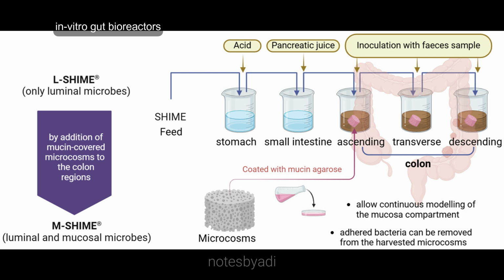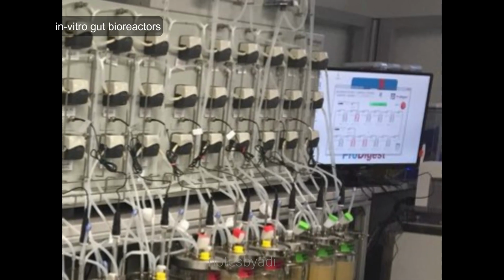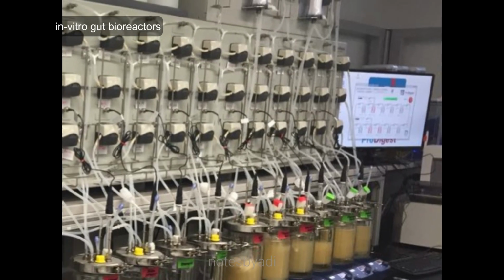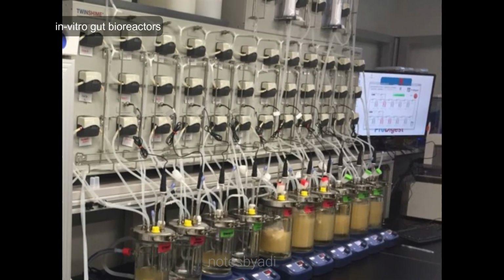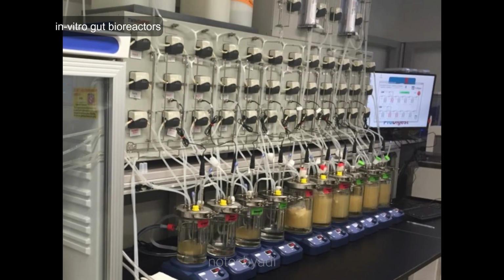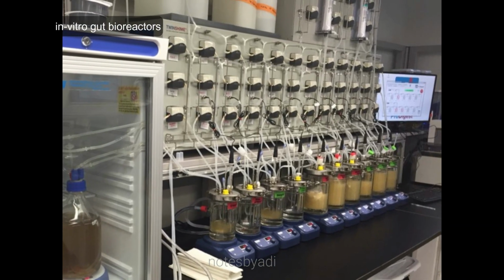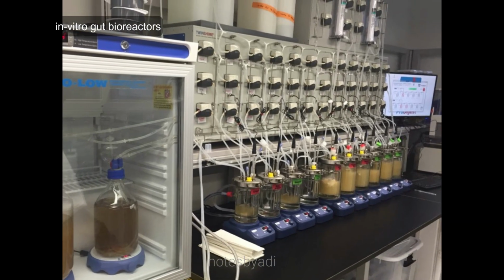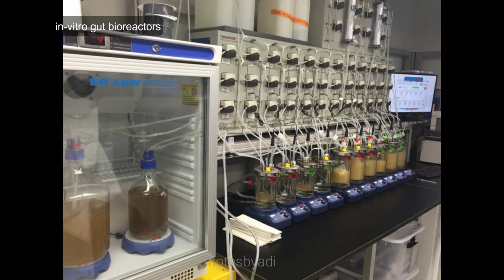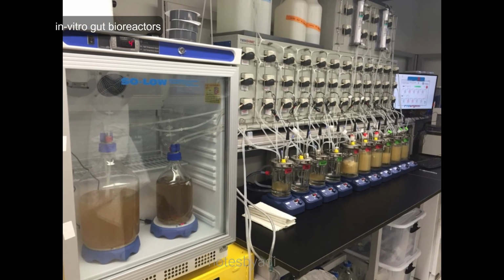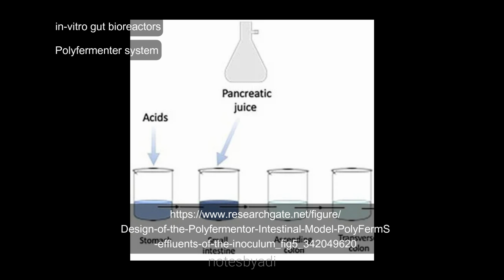Similarly, there is the toddler SHIME system that is adapted for a toddler's gut, or something that is controlled by a dynamic computer system known as the TIM system. There could be specialized colon models, for example, the PolyFerm, which stands for polyfermentor intestinal model, and it uses immobilized fecal microbiota in gel beads.